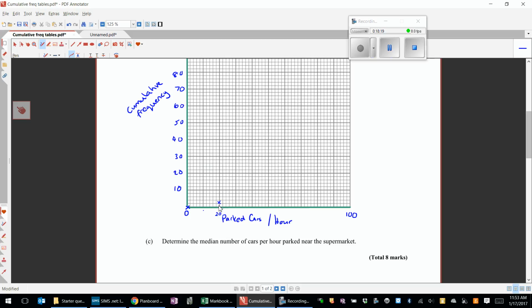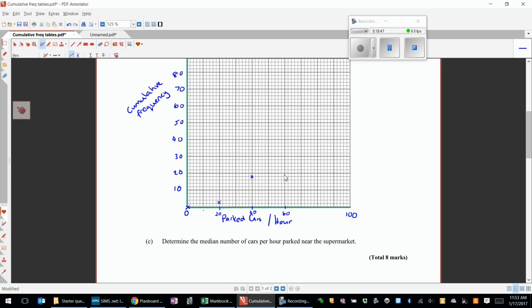Okay. And then we're going to 40 here, and less than 40 will therefore be 18. Okay. Less than 60 we had to work out. What was it? Say it again. 43.